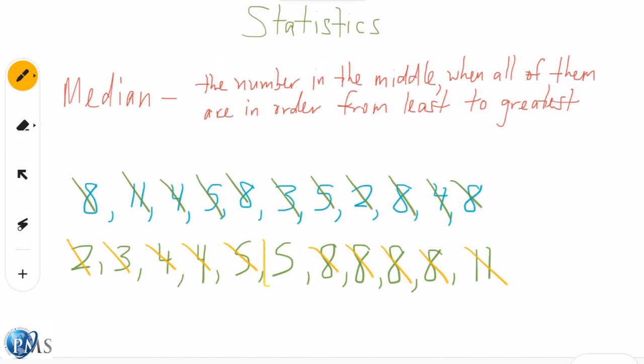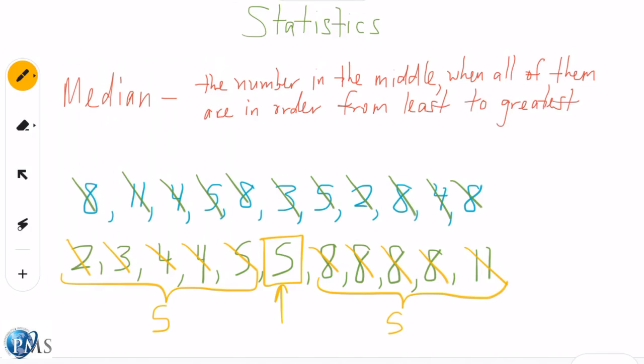So that means that this number here, the 5, is the number in the middle. In other words, there were 5 numbers over here in front of that 5, and there were 5 more numbers after the 5, so that means that that was the number that was right smack in the middle of those numbers. Therefore, the median would be 5.